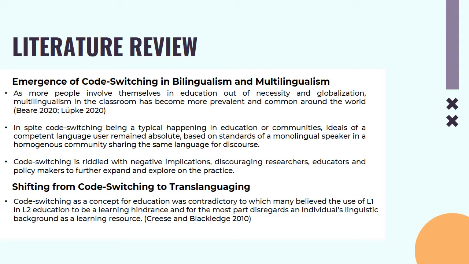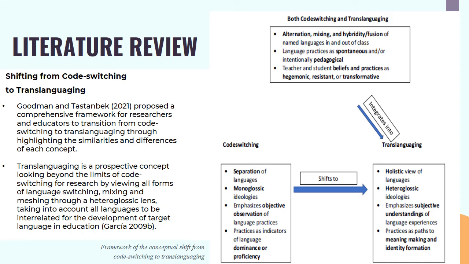Code switching as a concept for education was contradictory, to which many believed that the use of L1 in L2 education to be a learning hindrance, and for the most part disregards an individual's linguistic background as a learning resource. It is found that Goodman and Tastanbek proposed a comprehensive framework for researchers and educators to transition from code switching to translanguaging, through highlighting the similarities and differences of each concept as seen in this figure.